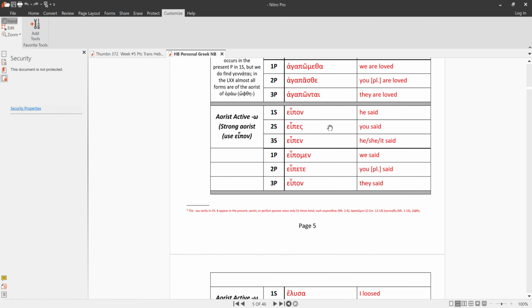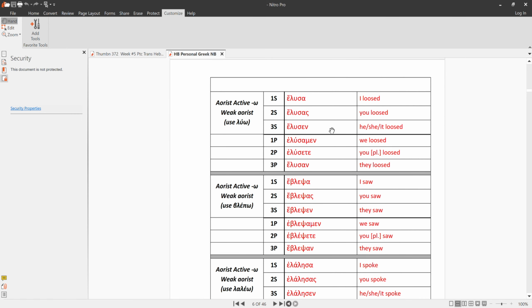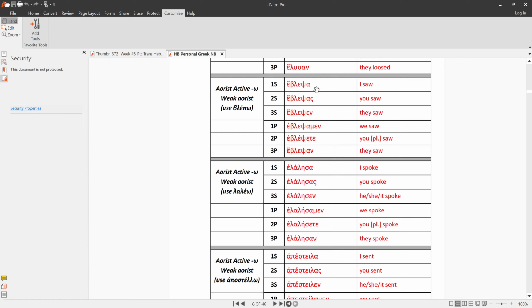And now we have also learned the strong aorist, and here I've used eipon, he said, as an example, and the weak aorist forms, and some variations with, for example, a verb like blepō, the stem ends in p, it becomes psi, eblepsa, in the weak aorist, I saw.